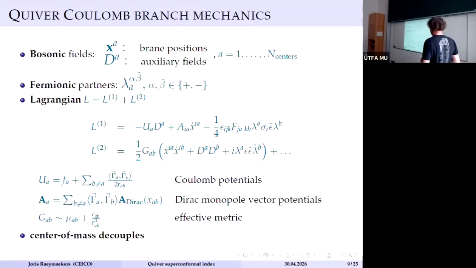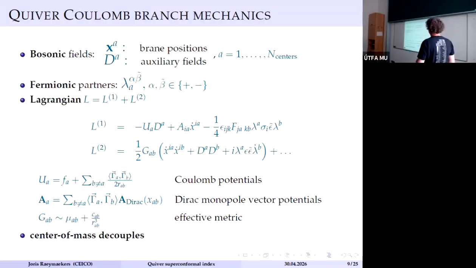So we are going to talk only about the Coulomb branch, and so let me just give you a crash course on what that entails. It's a quantum mechanics. It has some fields. All fields depend only on time. Bosonic fields are just the positions of the D-branes in the three-dimensional non-compact space, and there are these auxiliary fields, one for each center.